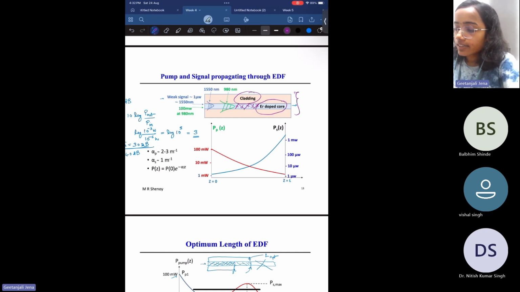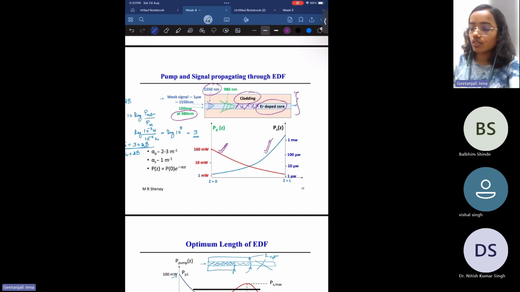Okay. And in this fiber, when you input this pump power as well as the weak signal, the pump power will decrease over length, as shown in this red curve, and the signal power will increase over length because of the stimulated emission over the length of the fiber.